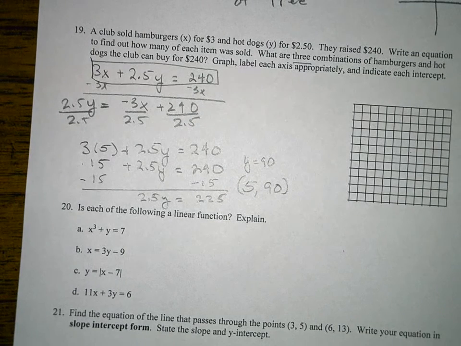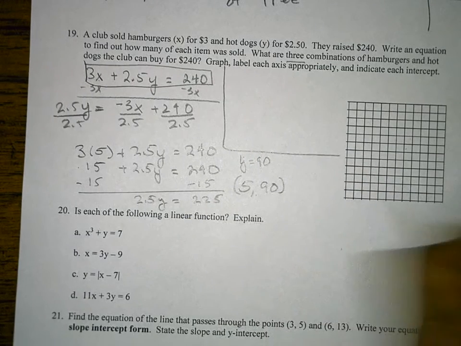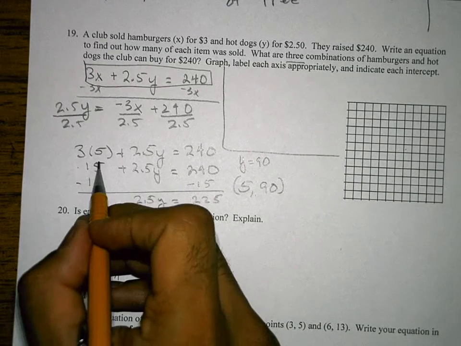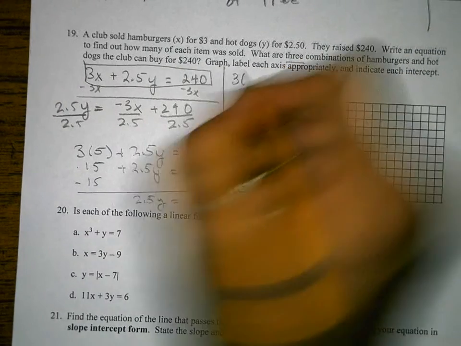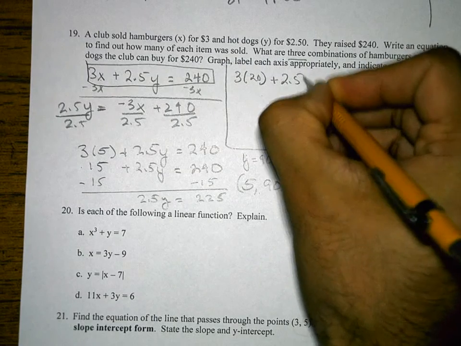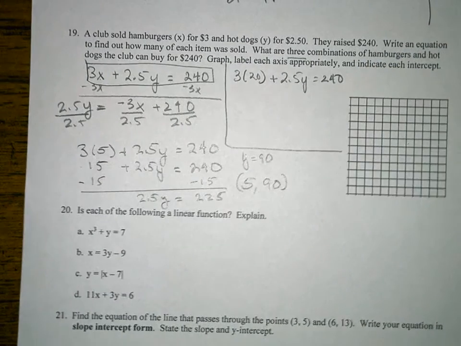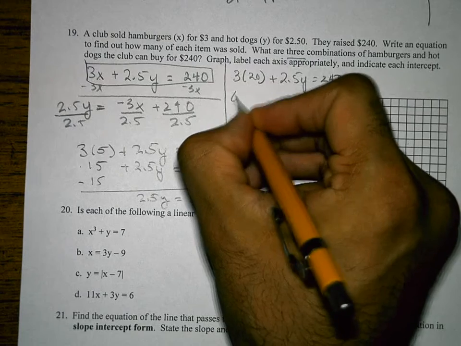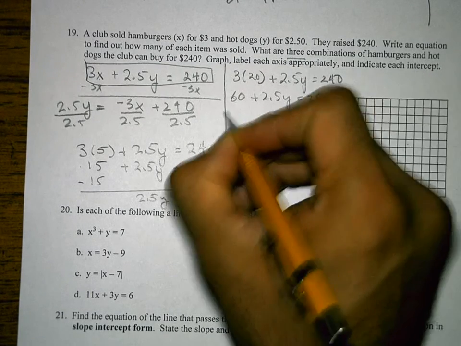Okay. Well, let's try one more here. And so that's a point that I would eventually graph. And then I'm going to try, let's say, 20 hamburgers. And I could also plug in for hot dogs as well. And then I could get 60 plus 2.5y equals 240.